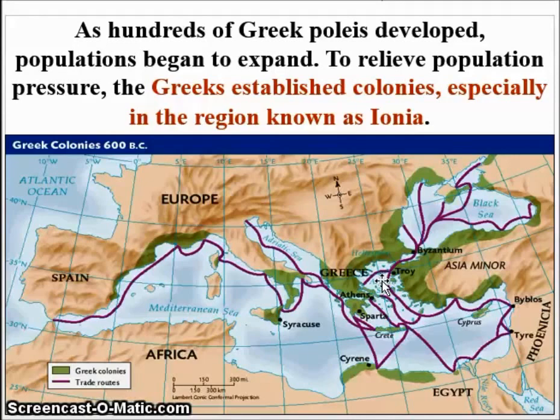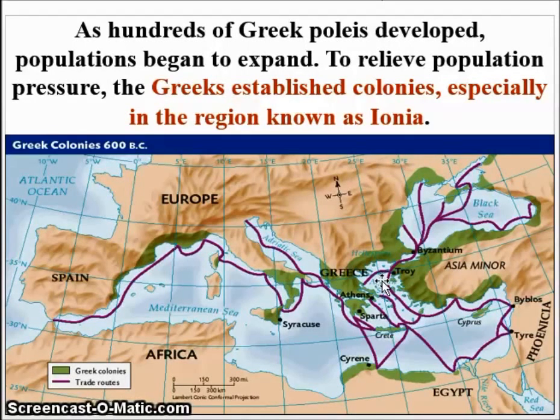Because there is a sort of pattern of looking at what your neighbor is doing, and if your neighbor is benefiting from sending some of the surplus population out to harvest grain or other resources in other parts of the Mediterranean, then you will follow suit.